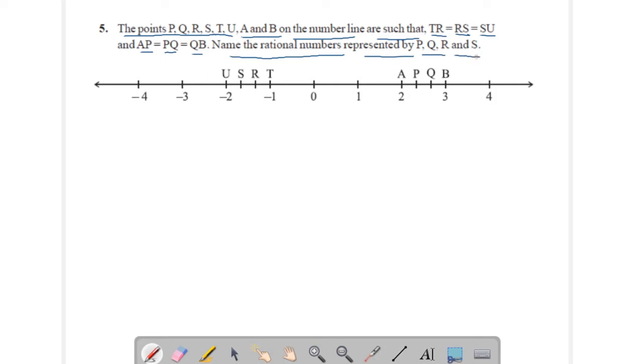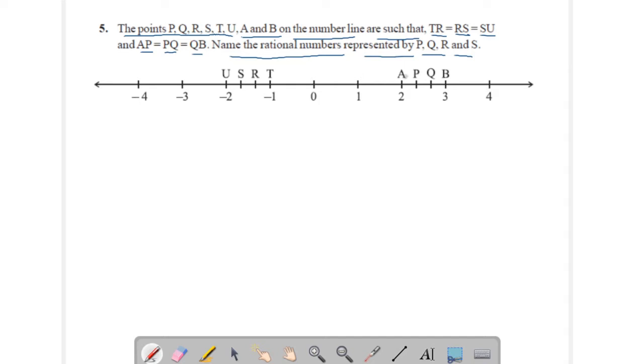Here TR equal to RS equal to SU. It means the distance between U and T is divided into three parts, and if you take one part it will be 1 upon 3, if you take two parts it will be 2 upon 3, and if you take three parts it will be 3 upon 3, that is 1.